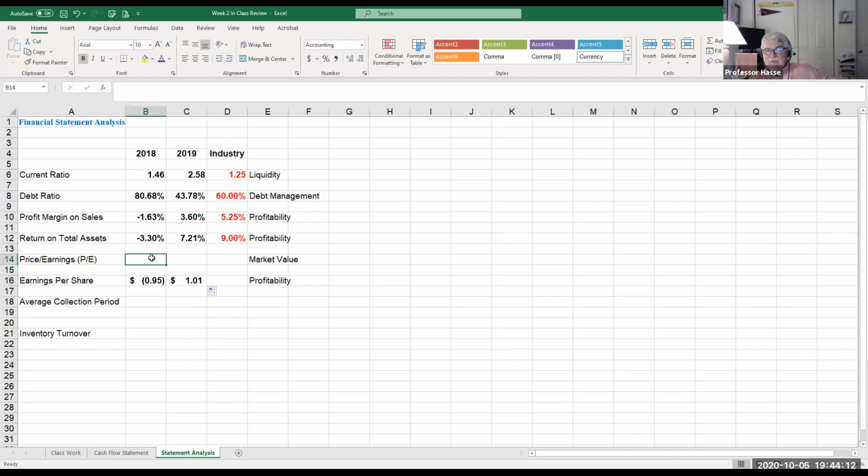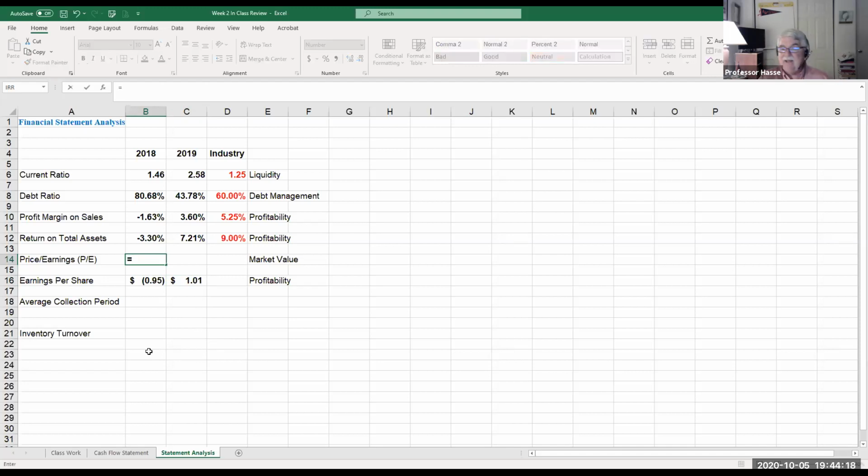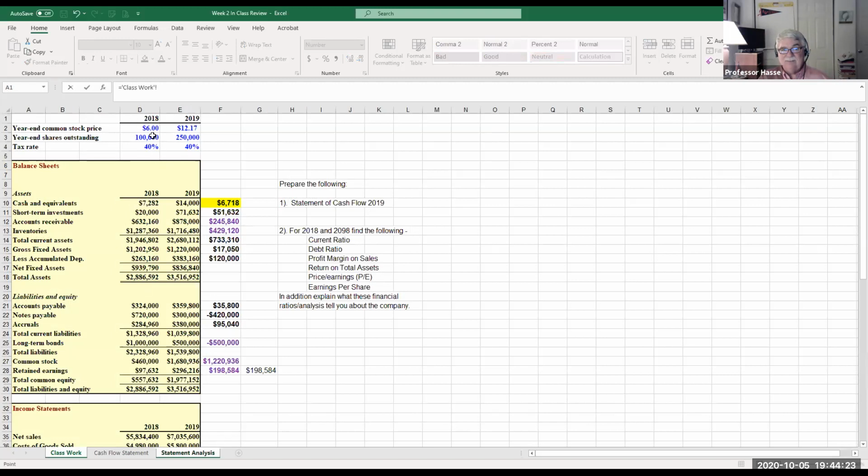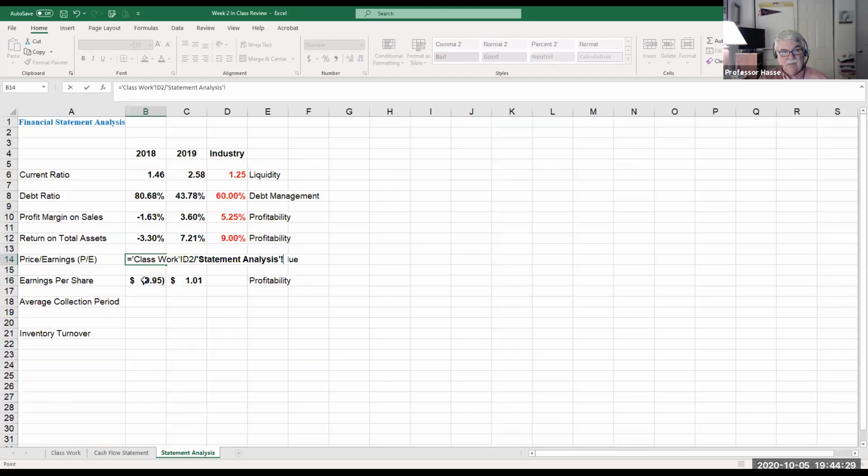So what is the price earnings ratio? It's the relationship of the stock price at the end of the year. In this case, in 2018, it was $6, divided by the earnings per share. Oops.